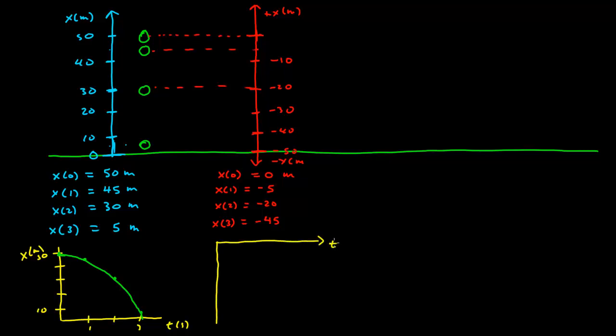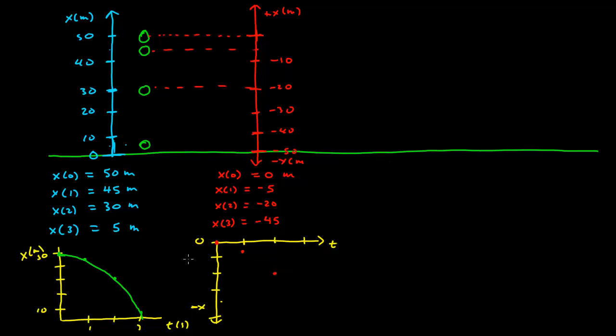So now I'm going to draw my time up here. This is my 0. This is now the negative x-axis: -10, -20, -30, -40, -50. And 1, 2, 3. So here, my particle started out at t equal to 0, x equal to 0. Then at t equal to 1 second, it's at -5. At 2 seconds, -20.